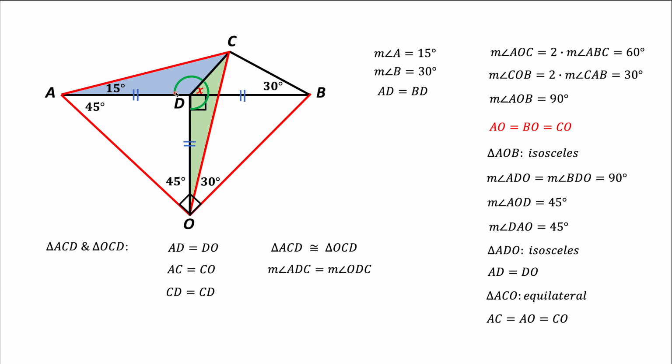But now notice if you add these two angles and add this additional angle ADO, which is 90 degrees, you get a full circle. You get 360 degrees. But that means that angle ODC, one of those green angles, should be 135 degrees.